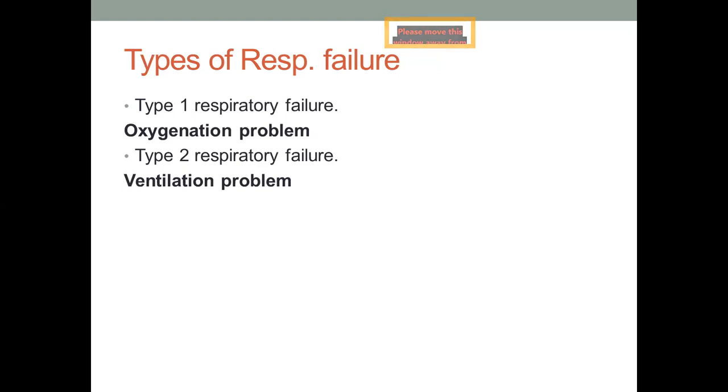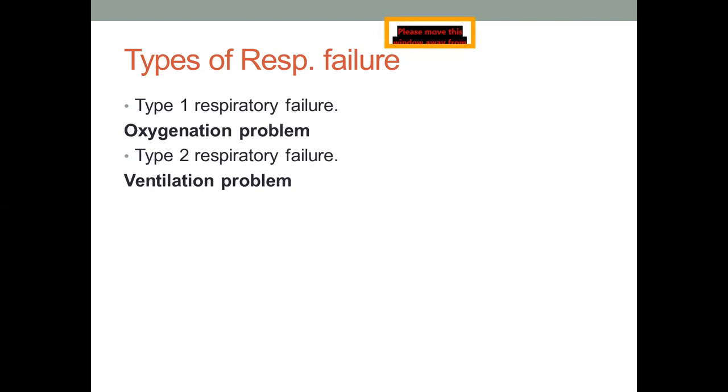We have two types of respiratory failure. One is type 1 respiratory failure and the other is type 2 respiratory failure. Mainly, lung has two functions. One is oxygenation and the other is ventilation.